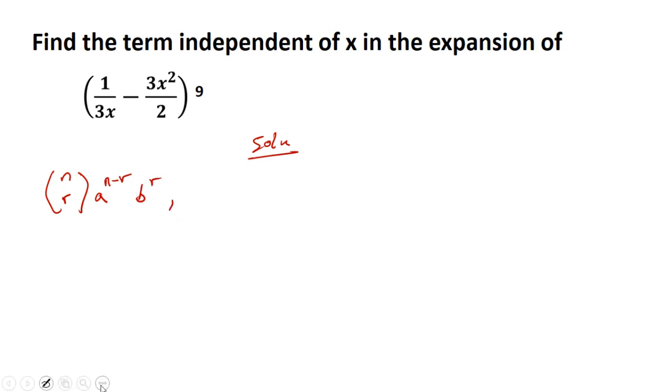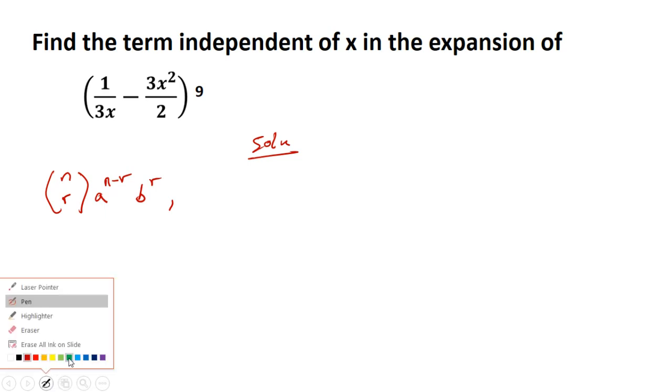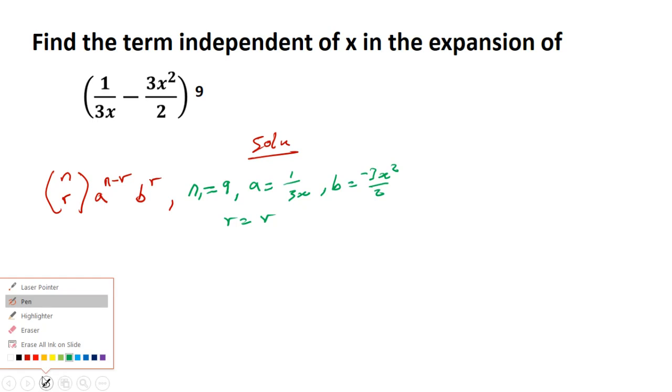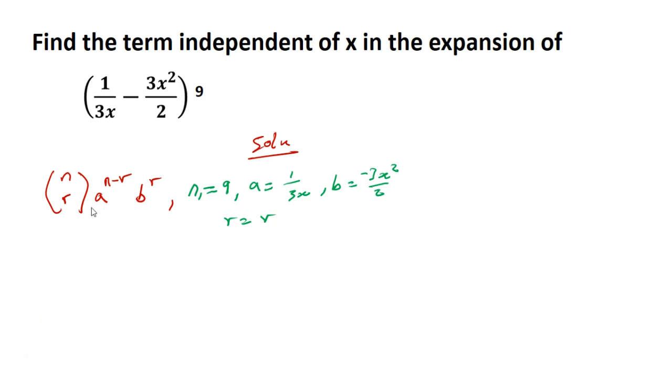You can simply identify what is n, what is r, what is b. In our case, n is simply equal to 9, and a is equal to 1 over 3x, and b is equal to negative 3x squared over 2. We don't know r, so r can just be r, since it's the first target you need to look for, especially when finding terms independent of x.